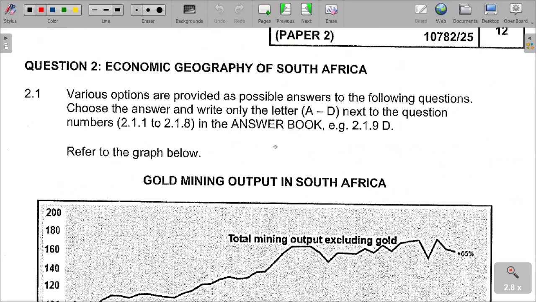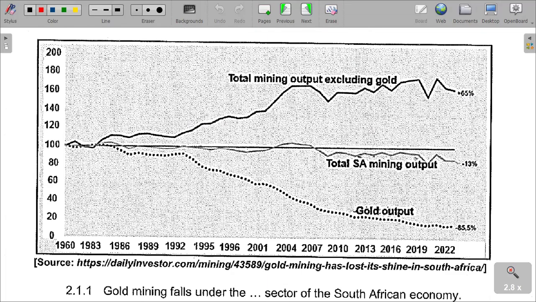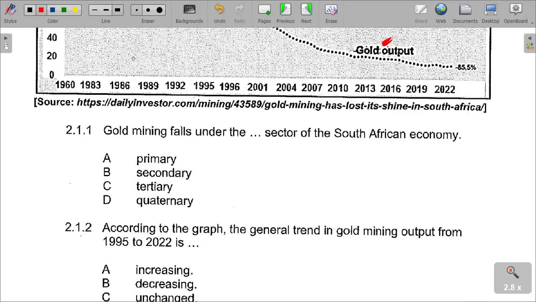So we have the economic geography of South Africa. We are given gold mining output in South Africa, total mining output excluding gold, and total South Africa mining output and gold output. Gold mining falls under the dash sector of the South African economy.